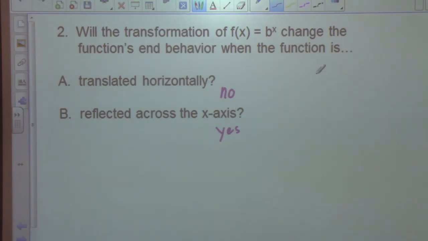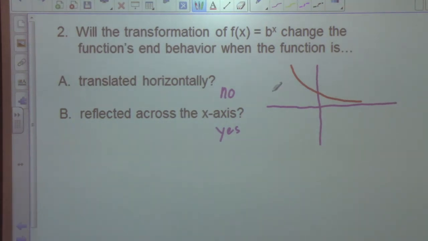So if you take the function here, you can put any version of b to the x. I'm going to make this an exponential decay function. So we see what the end behavior is, right? As x approaches infinity, f of x approaches 0.